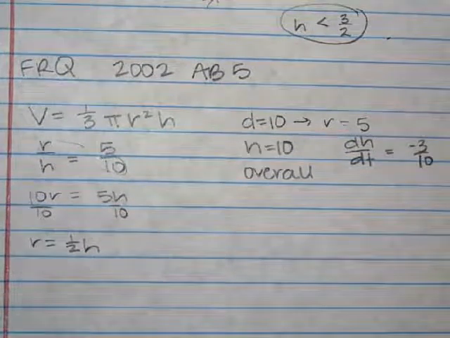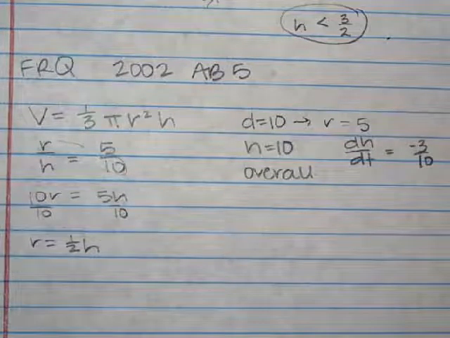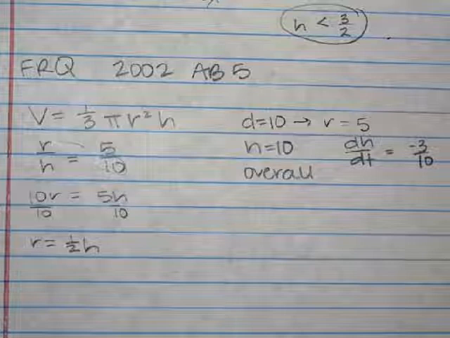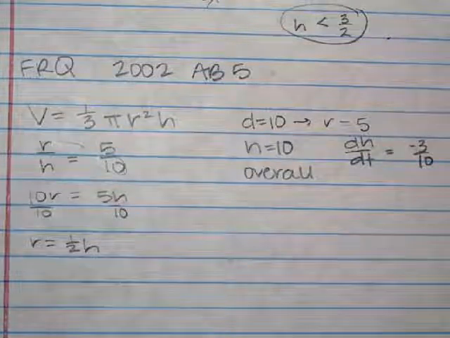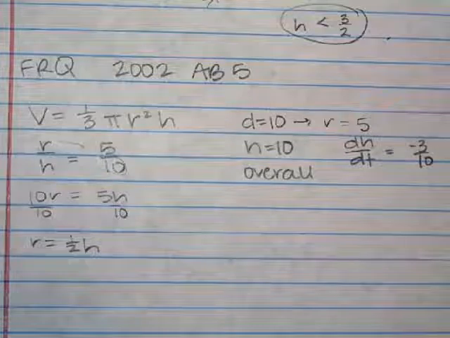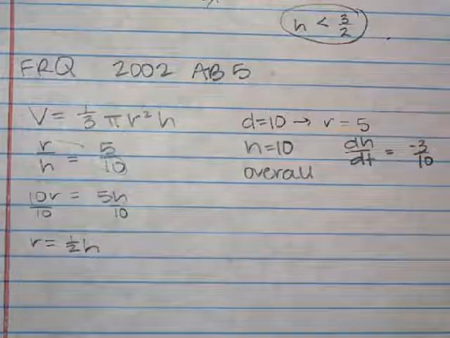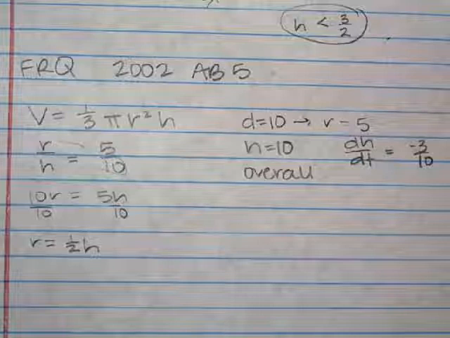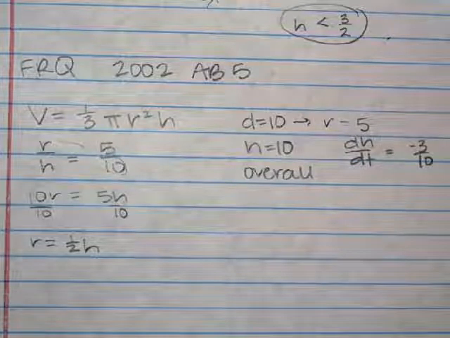What's your trigger to remember to do this? Yeah, they mention the diameter right in the beginning, and then after that they only talk about the h. H throughout the rest of the problem.